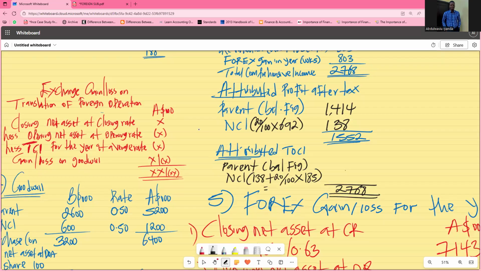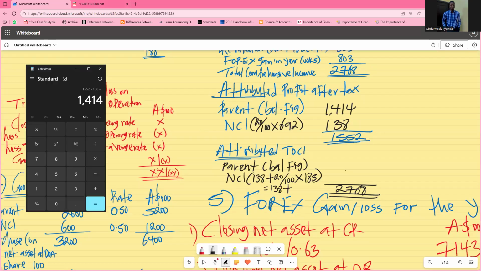So this one will now be 138 plus, if you do 20%, 0.2 multiplied by 185. That's giving you 37. Then you can now say plus 138. Let's go back.